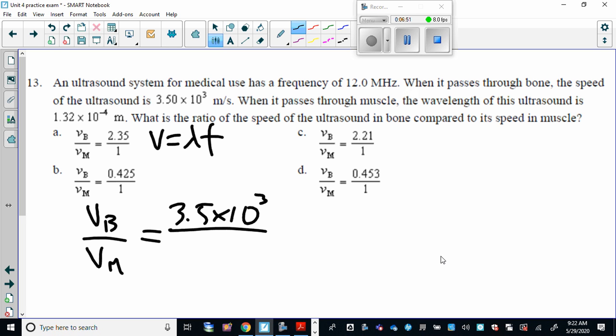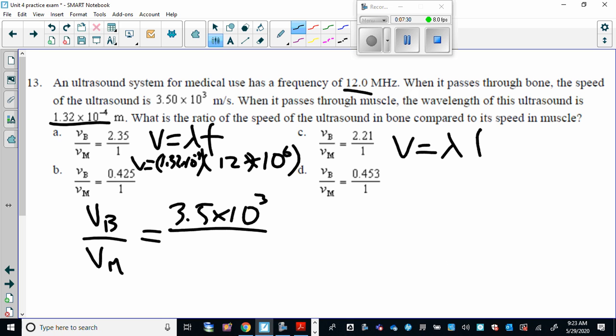And we've got the frequency here. We've got the wavelength here. Therefore, we can calculate the velocity by simply multiplying those two numbers together. If we multiply those two numbers together, we're going to get the velocity of the ultrasound in muscle. And that turns out to be, oh, don't forget this though. Let's do this neatly.